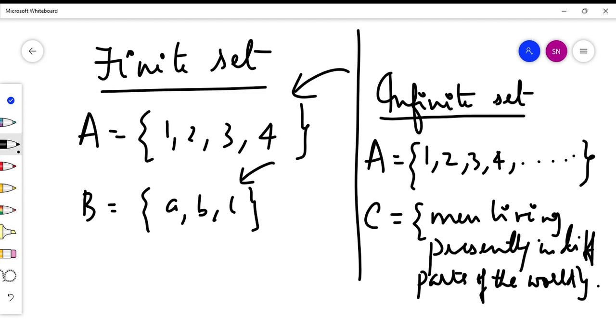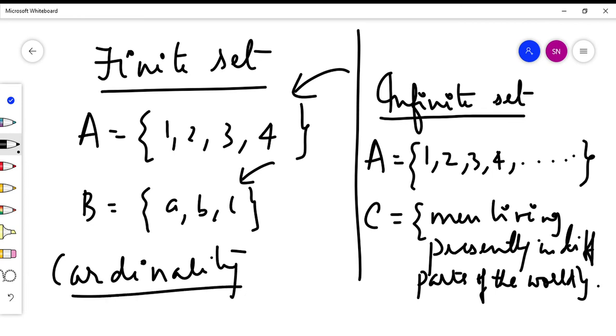Hope with this explanation you are able to differentiate between what a finite set is and what an infinite set is. With the concept of finite and infinite sets, there is something called cardinality of a set.